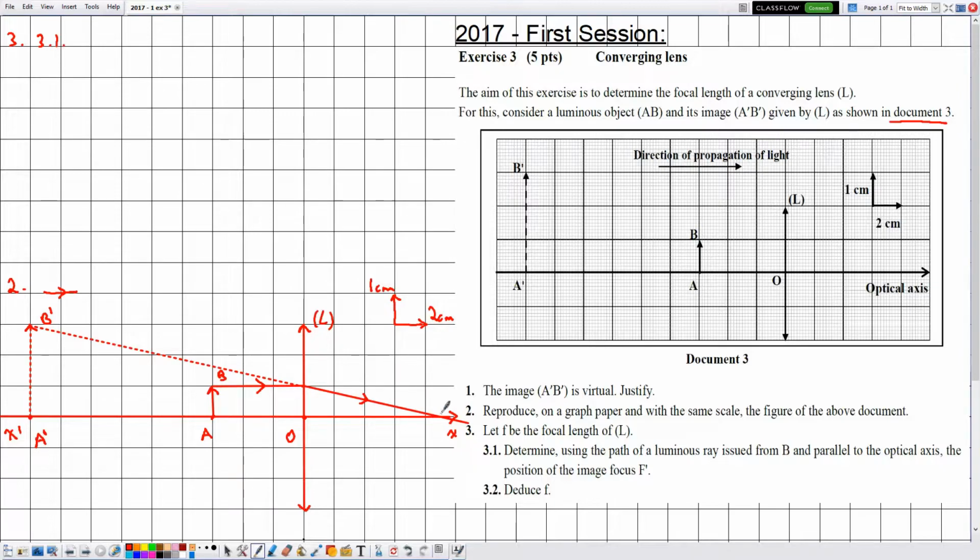of propagation of light. Notice that here in the question they told me determine, and determine means we need to trace and justify at the same time. So now let's justify the path of this ray.